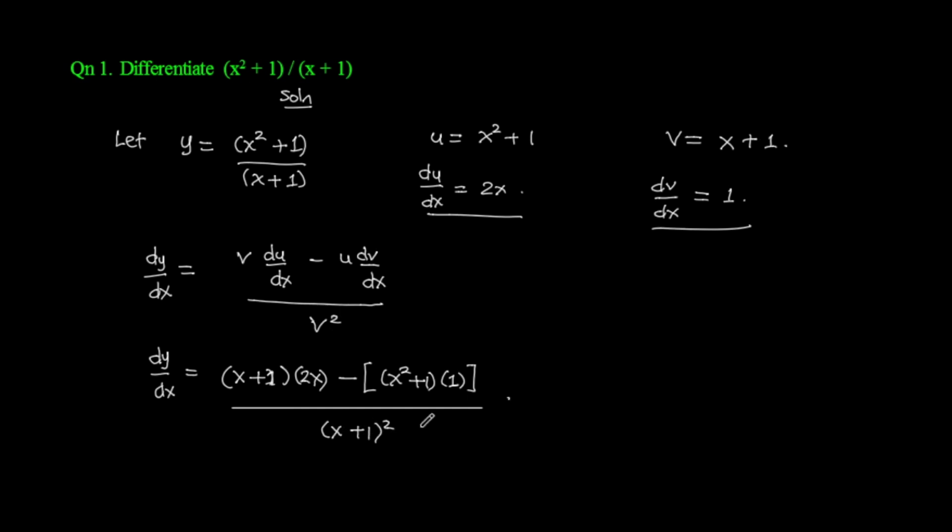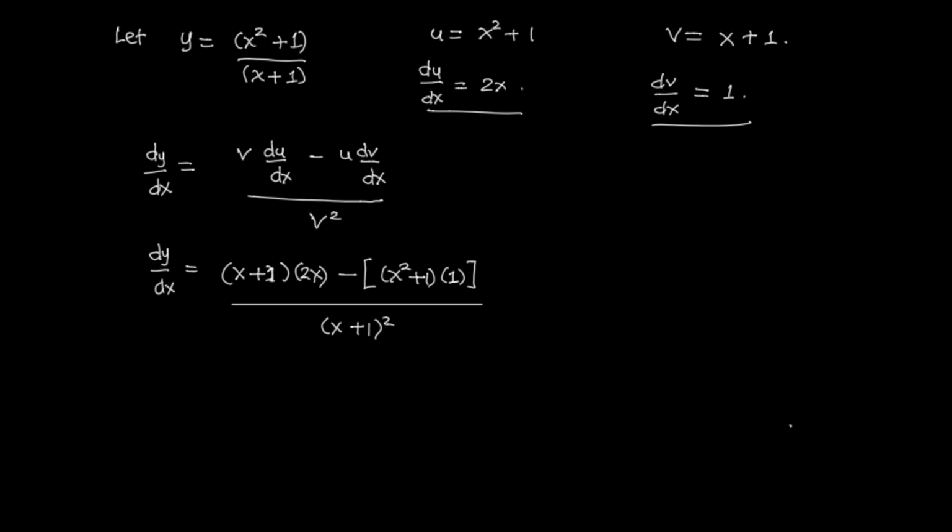which is squared here. So let's go on and simplify this out, where we have dy by dx equals, now let's multiply these two brackets together, 2x times x, we get 2x squared, and then 2x times 1, we get 2x.